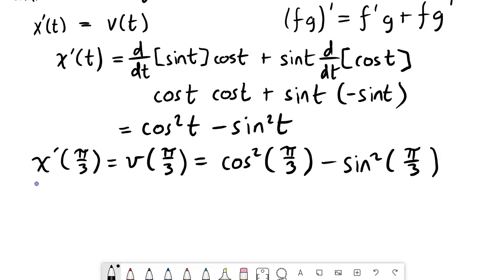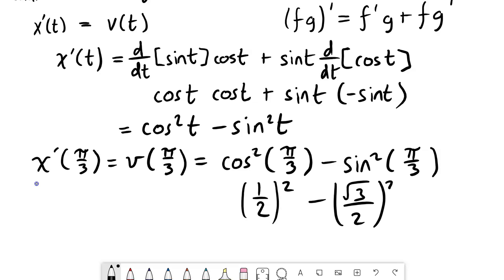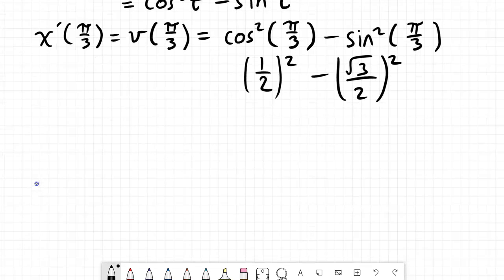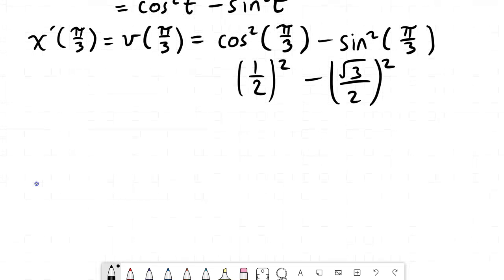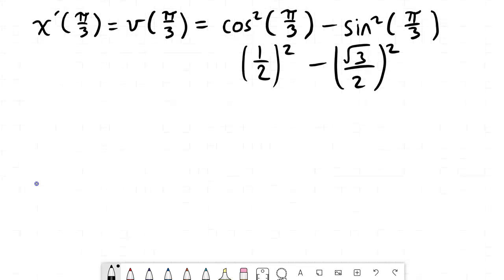You have to know that the value of cosine of pi over 3 is 1/2. So it's actually 1/2 squared minus, and this one has to be root 3 over 2 squared. I'm going to keep scrolling down here. And then we can just simplify this. This is 1 over 4, this is 3 over 4, which is equal to negative 1/2.